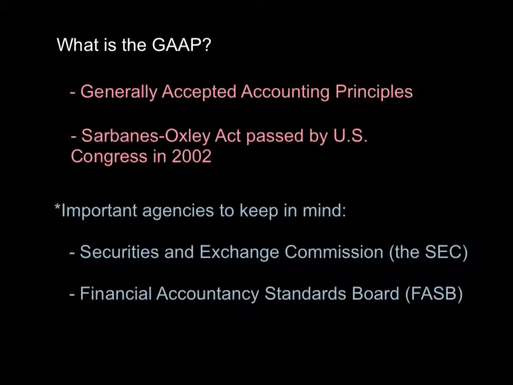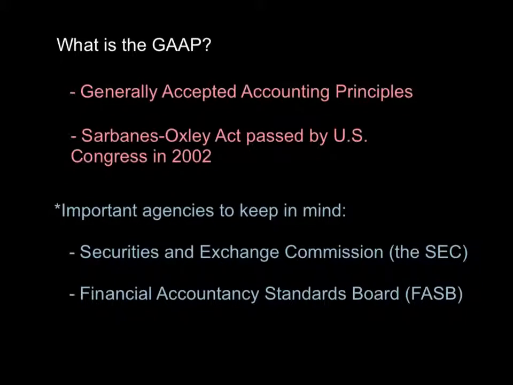And this is where two very important agencies come in place when it comes to accounting, especially financial accounting. The Securities and Exchange Commission, the SEC. This is a federal body whose job it is to oversee all U.S. financial markets, including the New York Stock Exchange, and also overseeing all of the accounting standard setting bodies.